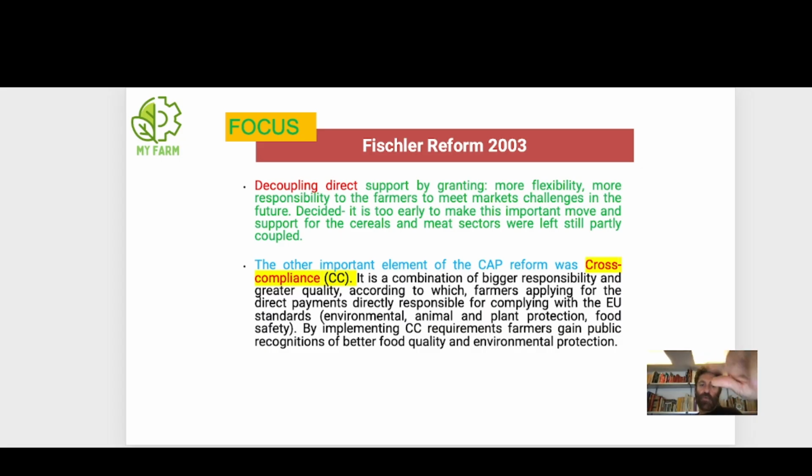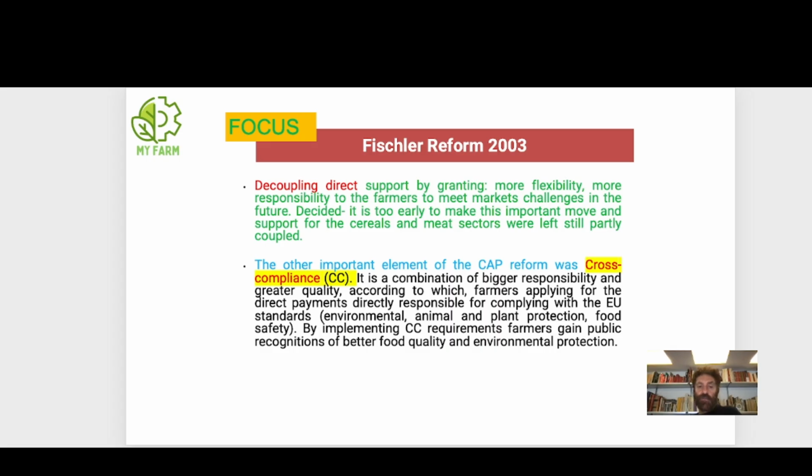Another basic concept in this reform was modulation, a mechanism introduced to reduce the direct payment for larger farms and transfer these funds to the second pillar of the CAP, which focuses on rural development policy, in a way to increase the public incentive for the quality of products and the environmental externalities that are linked to farming activity.